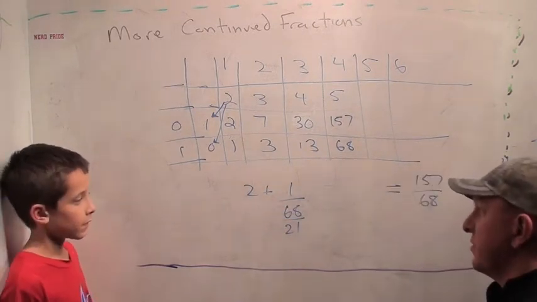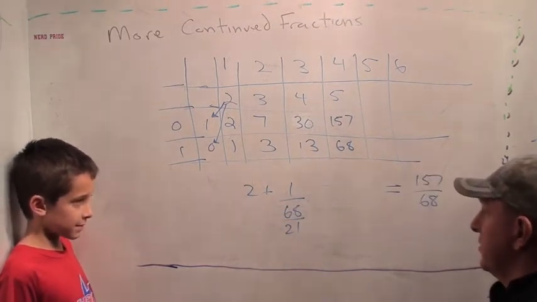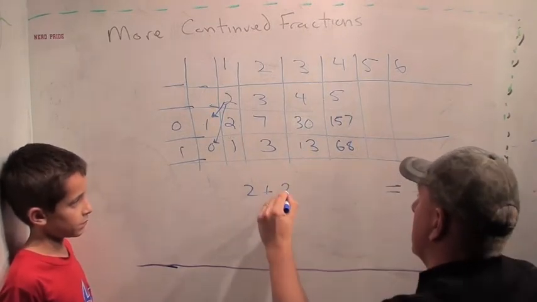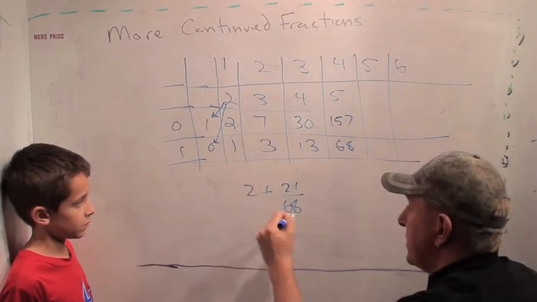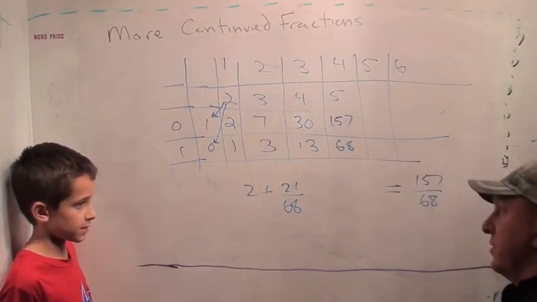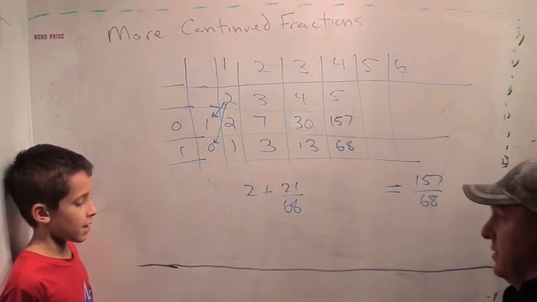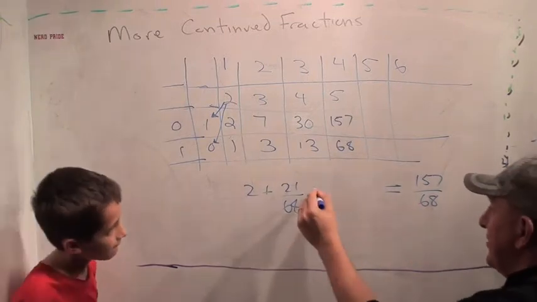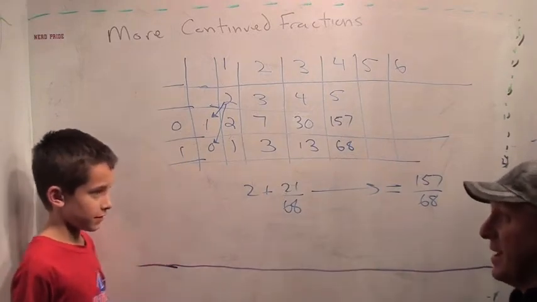And what's 68 over 21? It's 21 over 68. Now 68 times 2 is 136. 136 plus 21 is 157. This is equal to 157 over 68. So we got it. Yay!